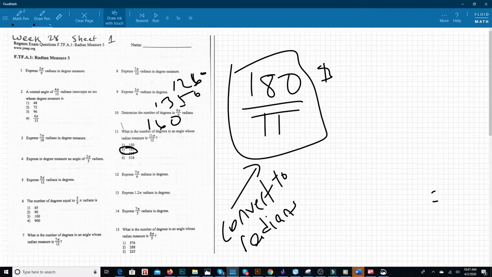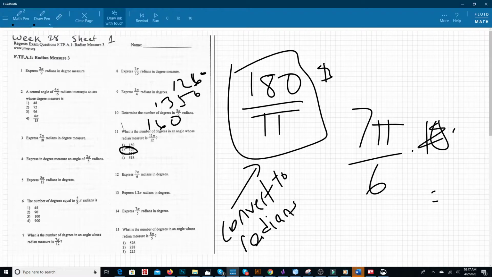Anybody with 12? 210? You're on fire right now. All right, so 7 pi over 6 times 180 over pi.